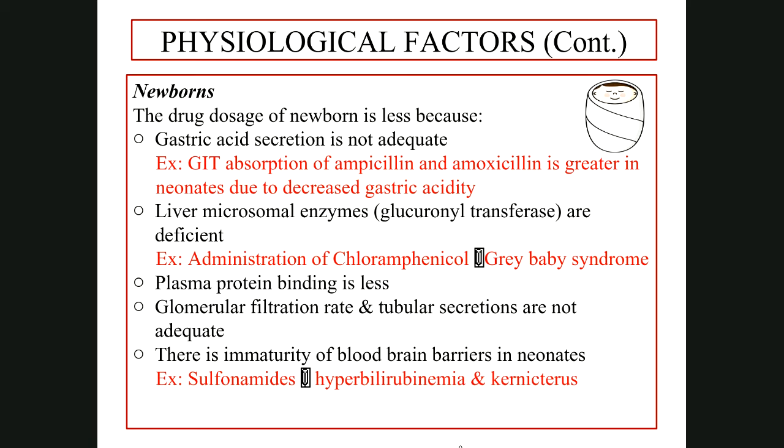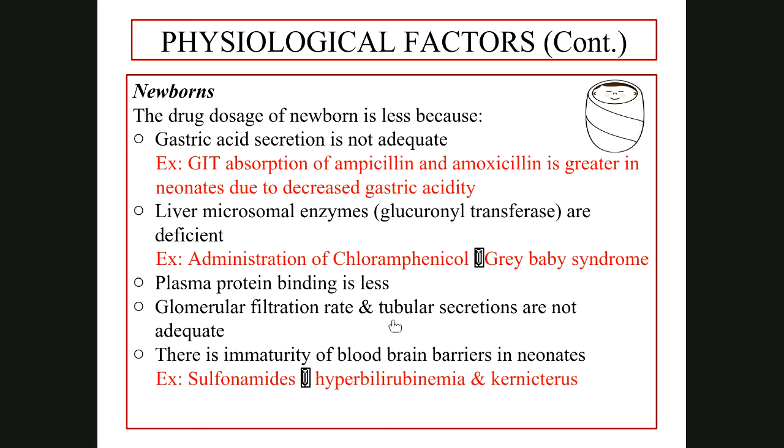The reasons are the acid production in the stomach will not be too strong. In the liver, the enzymes might be deficient. Plasma protein binding might be less. Kidney function might not be well developed, that is, glomerular filtration and tubular secretions might not be well developed.